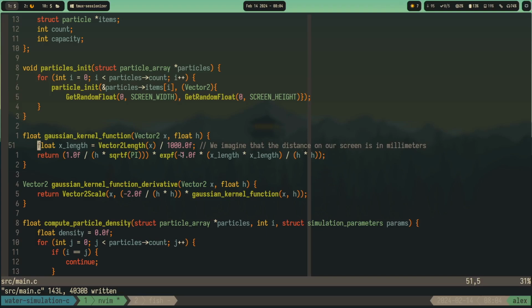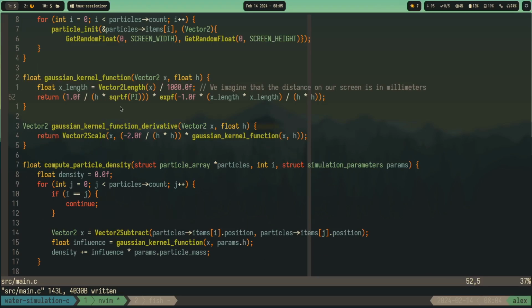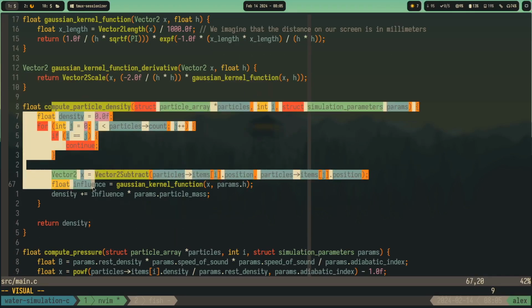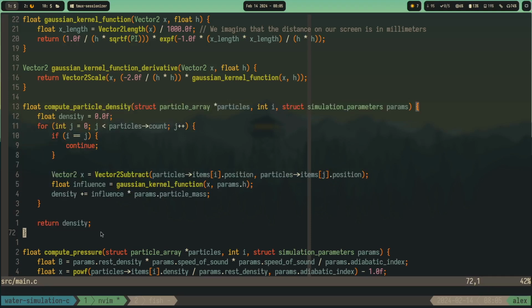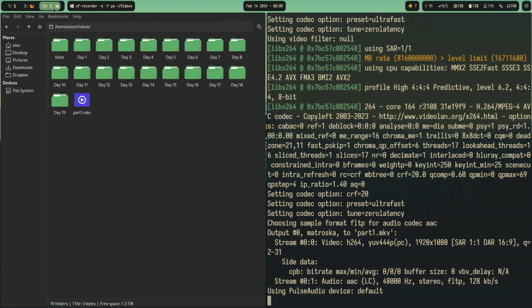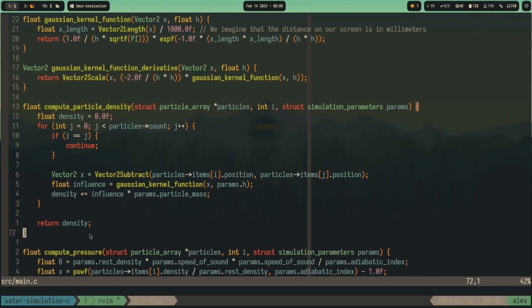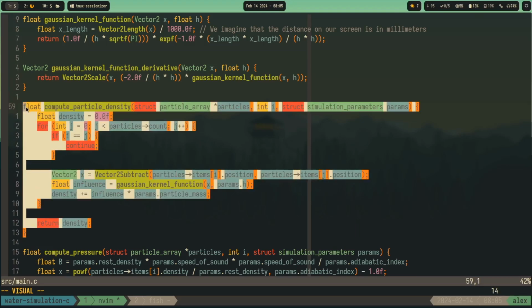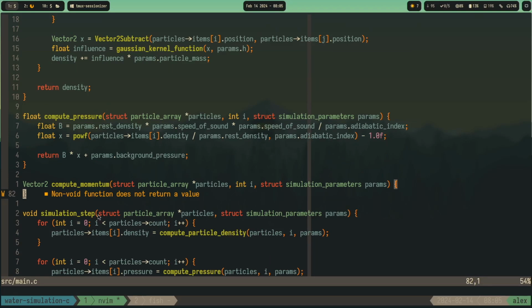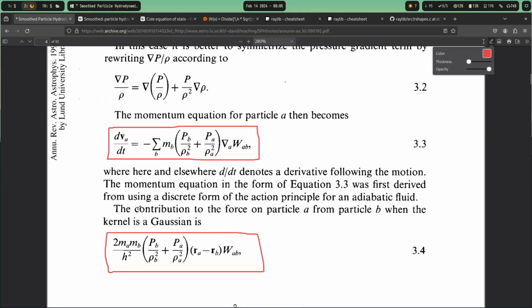Let's say that it was millimeters all along. Anyway, the derivative would just multiply this x with the whatever kernel function. So the next step is to get the momentum.